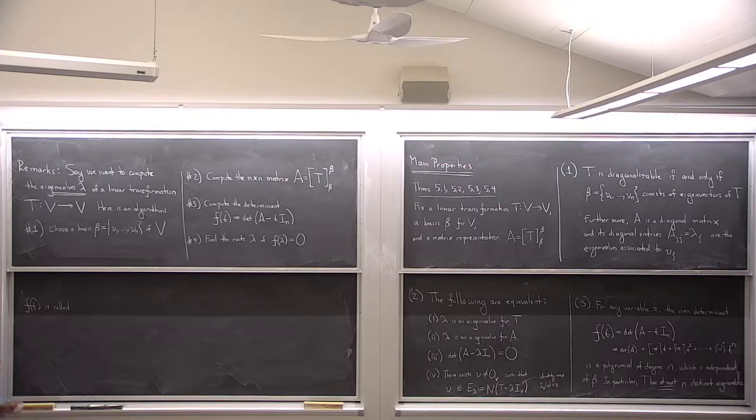This is called the characteristic polynomial of T. Now there's another little issue here.